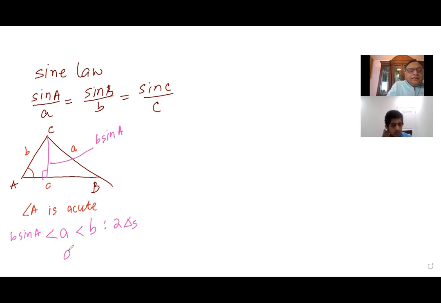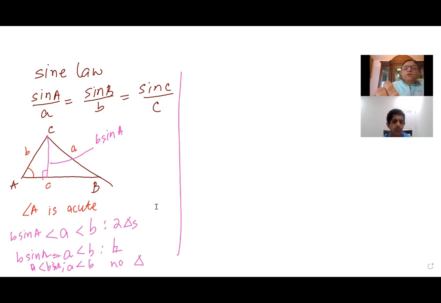But if a is less than b and equal to b sine A, then we have a right triangle. If a is less than b and also less than b sine A, then in that case, no triangle.